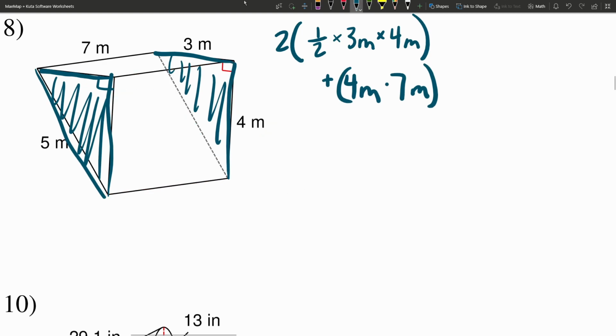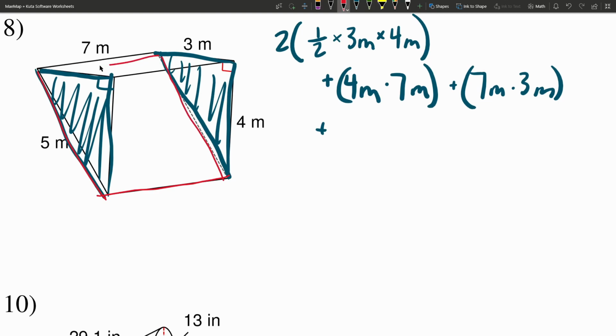Now we got to look at our other side, which we can do the top next, which is this 7 by 3 rectangle. So we're going to add this to 7 meters times 3 meters, and then add that to, there's one more side, this back side, which is kind of hard to see, which is 7 meters by 5 meters. So adding that to 7 meters times 5 meters.